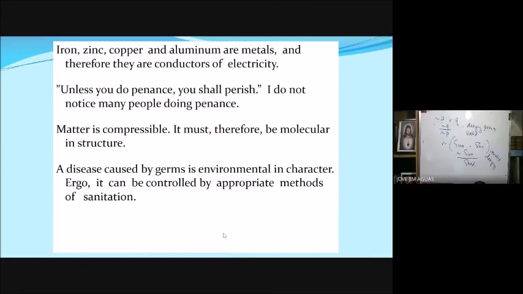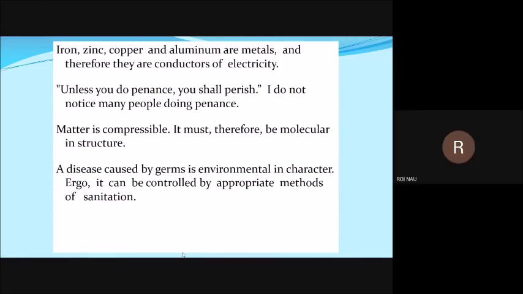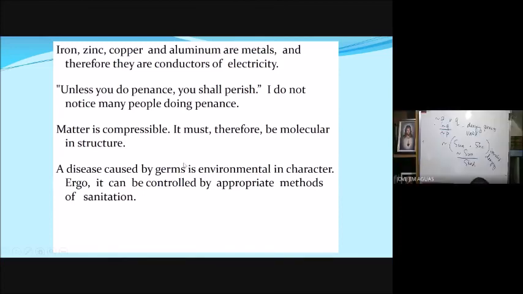This is a pronoun of which noun here? It stands for what? A disease caused by germs, or environmental in character? A disease caused by germs. Correct. So that means this is the common term. You cancel that, and you are left with environmental in character and can be controlled by appropriate methods of sanitation.